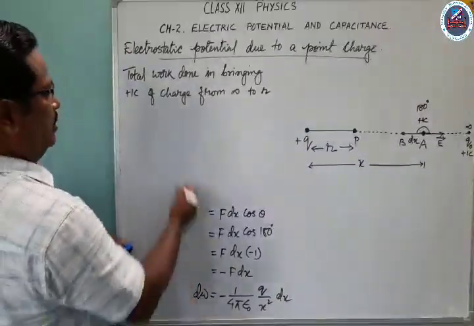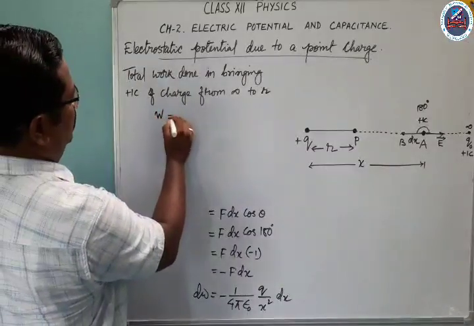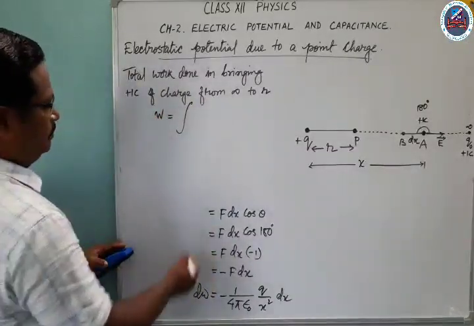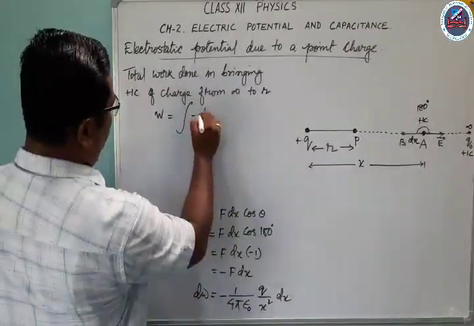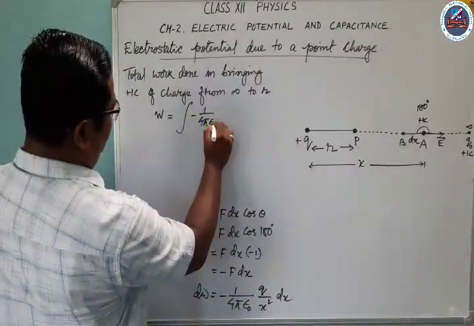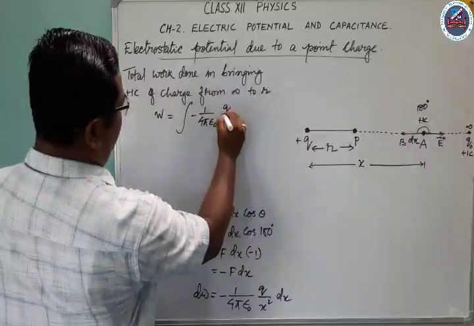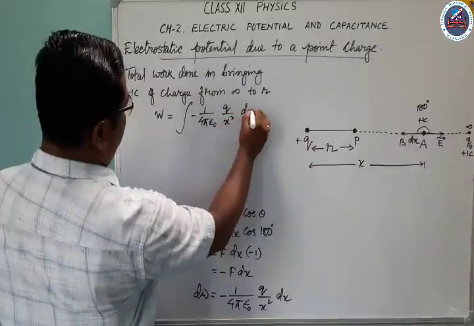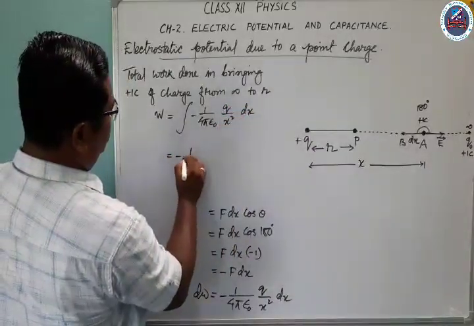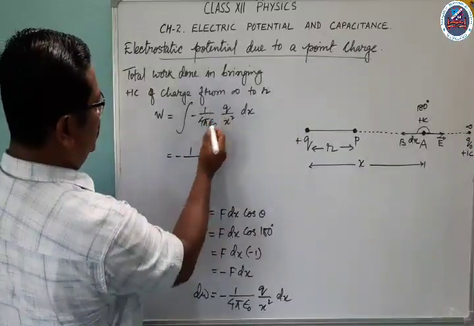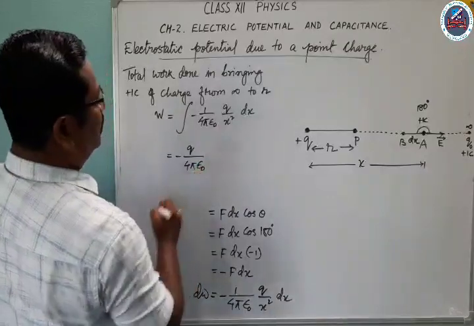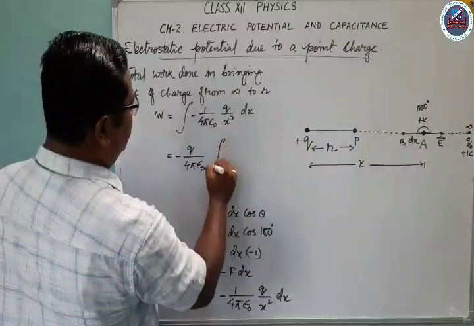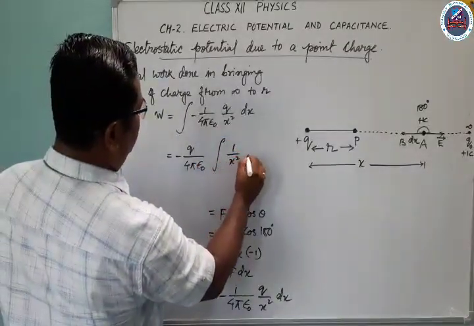So it will become work done W equal to integration of dW, that is minus 1 by 4 pi epsilon naught Q by x square dx. So this constant term, I am keeping it outside: 1 into Q, you will get Q by 4 pi epsilon naught, integration of 1 by x square dx.